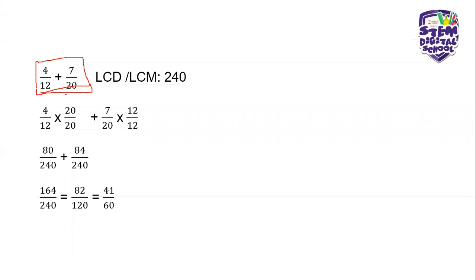Now, in this question, why did I multiply? My LCD or LCM is not really 240. It's actually 60. But in this context, what I did was I multiplied 12 times 20. Why did I do that?